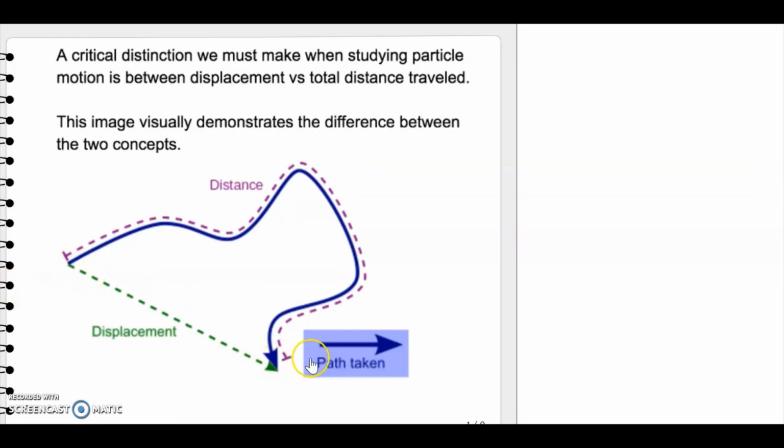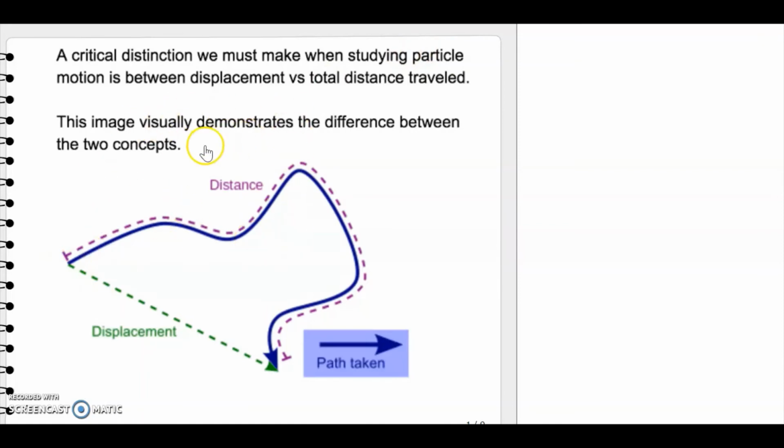So it's this path right here. If I ended up walking all the way around and back to my starting point, the displacement would be 0, whereas the distance would be however far that I walked. So that's the difference between the two.